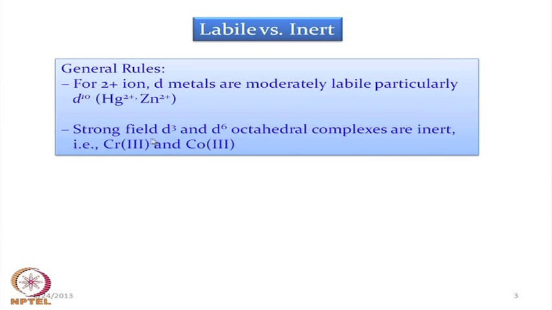But the corresponding compounds of other groups, that means the strong field d3 and d6 octahedral complexes, which have large crystal field stabilization or ligand field stabilization energies of minus 12 Dq or minus 24 Dq in octahedral geometry, are not reacting very fast. They are called inert or robust compounds because they react more slowly.